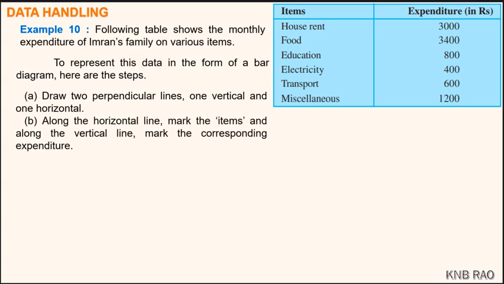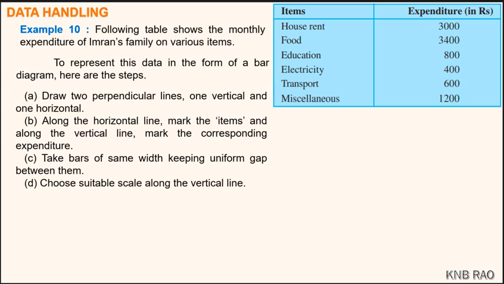Along the horizontal line mark the items, and along the vertical line mark the corresponding expenditure by choosing a suitable scale. Take bars of the same width keeping uniform gap between them. That is the first important condition. Bars must be of the same width and the gap between them must be equal.